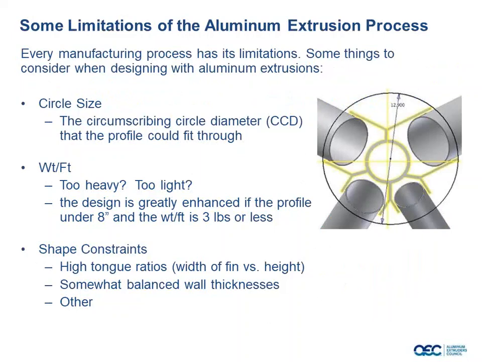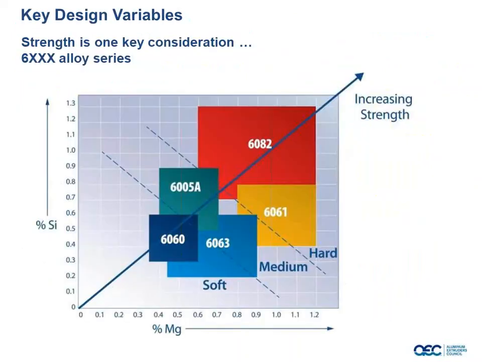And one of the things that we always think about is there's an idea for a product, but can it be made? Can it be extruded? Is it cost effective? And is there really a market for that product? And I think that's maybe some of the considerations. These are some of the limitations to the process that sometimes the entries we see are physically too large or too heavy and not capable of even being an aluminum extrusion.